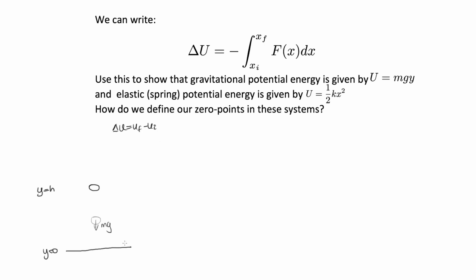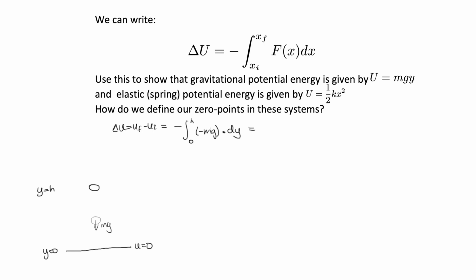Now we're going to define the ground here as our U = 0 point. So we'll say the object has 0 gravitational potential energy when it's at y = 0, when its height is 0. And this is equal to, using this equation, we're going from 0 to height h of F(x). So in this case, the force is minus mg times dy.